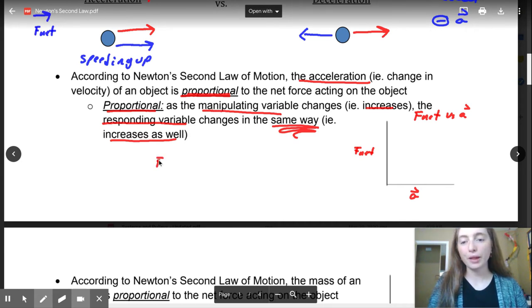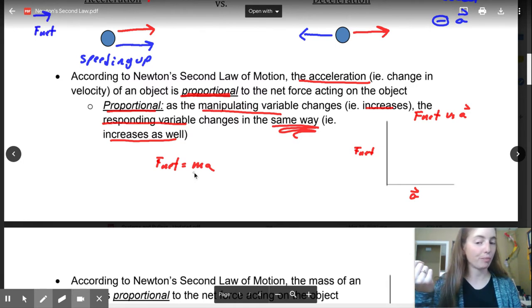So F net equals ma. Well, right now we are going to be assuming that mass is constant. Okay, mass would be a controlled variable, something that you keep the same. In this case, I would be changing my acceleration because it would be my manipulated variable.